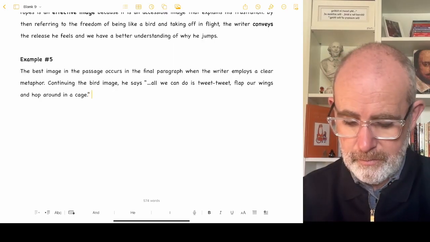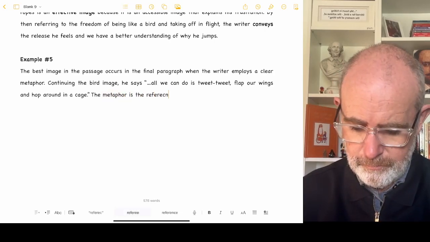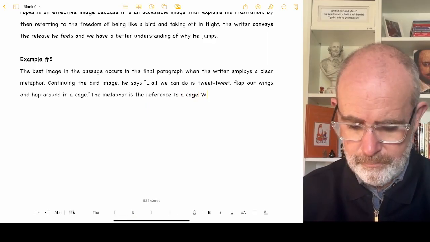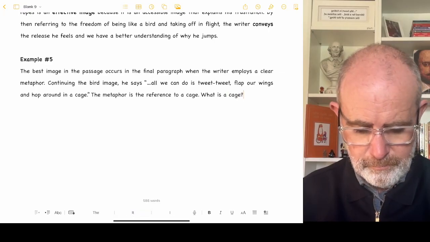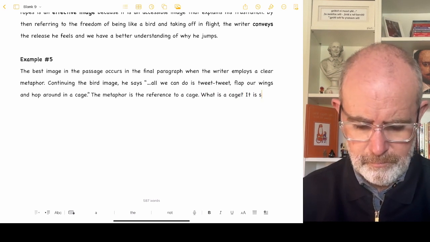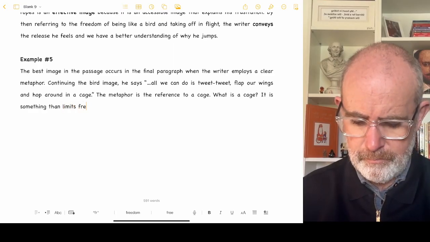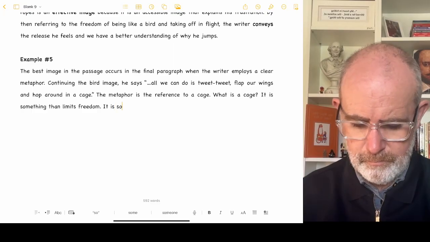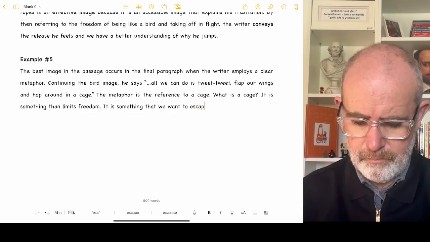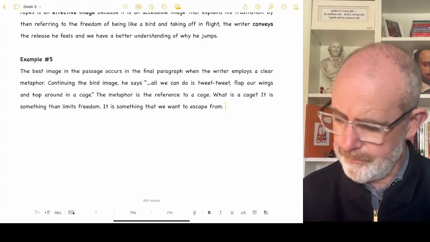And the metaphor is... I know I'm ending my sentence on from there and I shouldn't, but anyway, I'm going to break a rule.